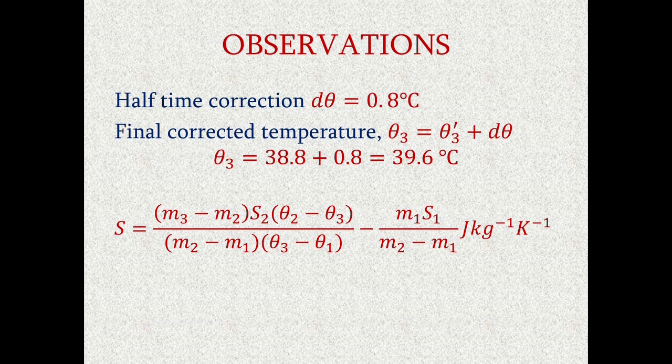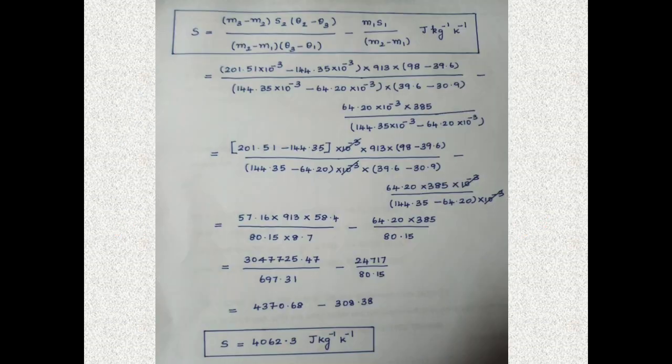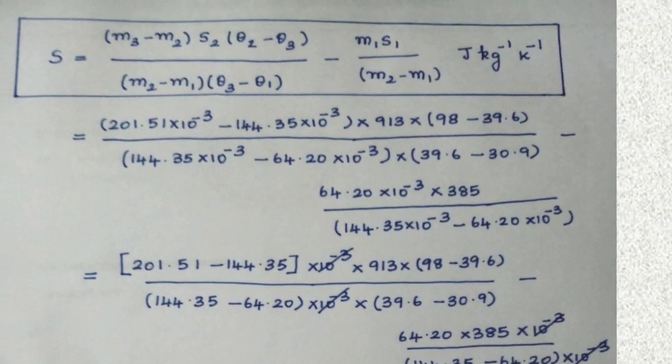In this experiment I have converted all the masses into kilograms, but I have not converted the temperatures into Kelvin. Here the temperature in the numerator and the denominator gets cancelled. Even if we do not convert it into Kelvin, it will not make any difference.